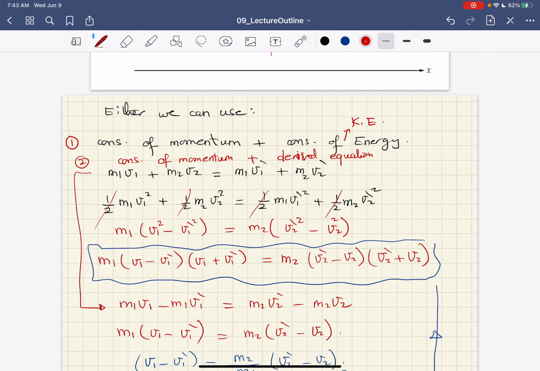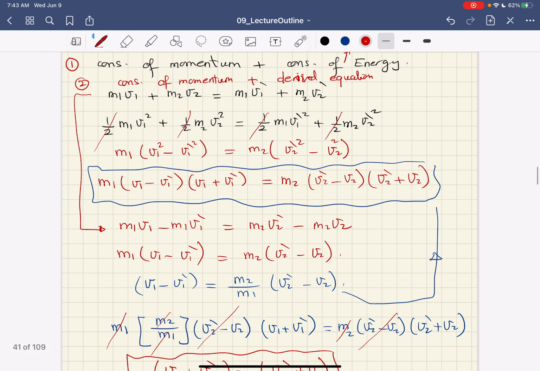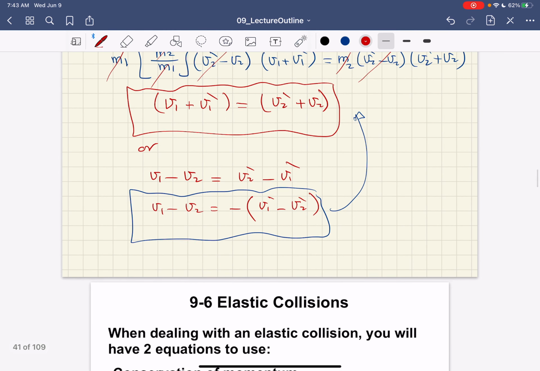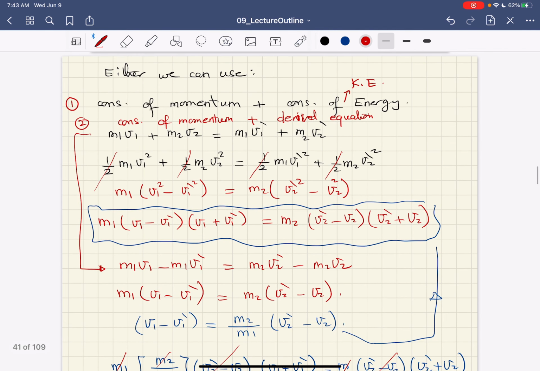Okay, I showed you here the derivation for this equation, and the equation that I'm looking for is this one. You have it in this form or this form. I used conservation of momentum, and this is conservation of kinetic energy.